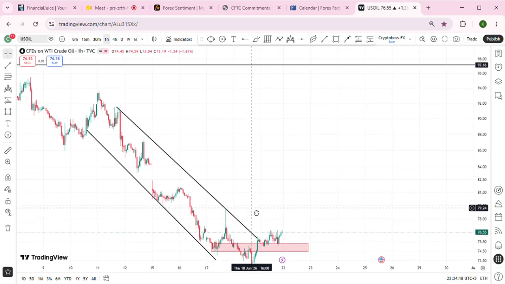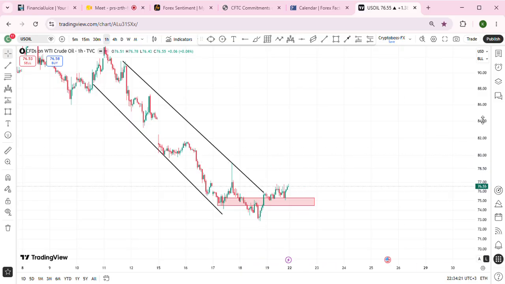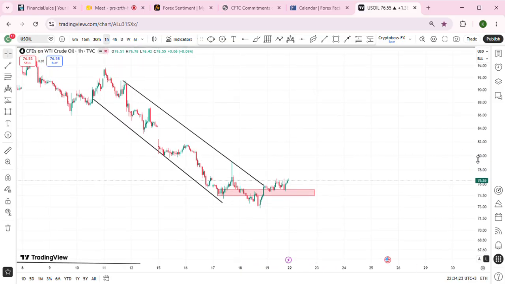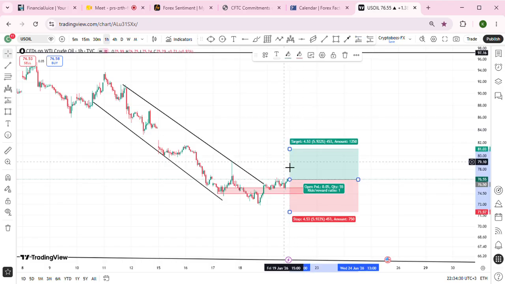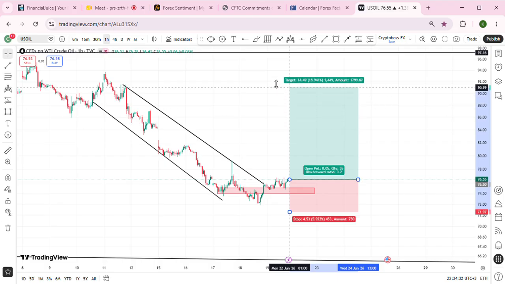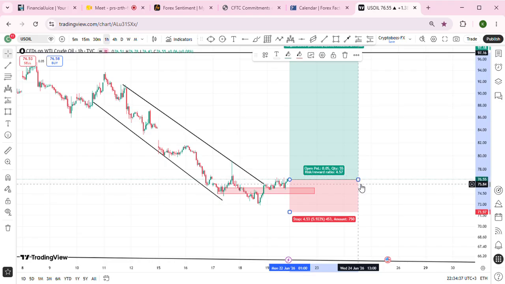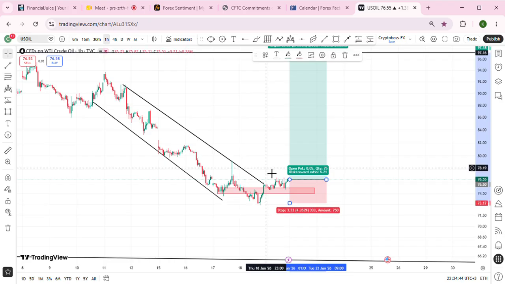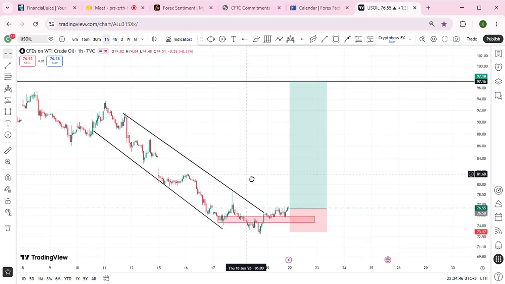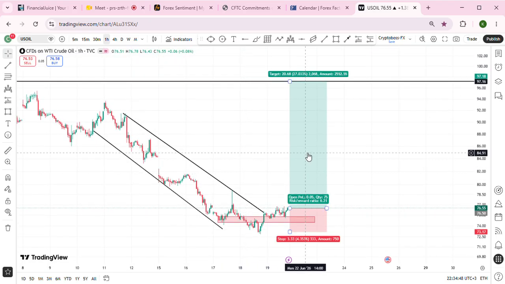So remember, this is oil, guys. The current price of oil, or WTI, that is crude oil, is at 76.55. So if you can swing, look for buys on USOIL and swing it to above 100.